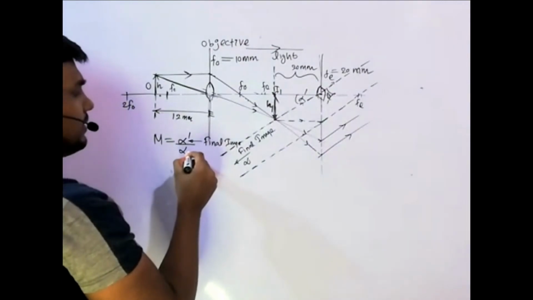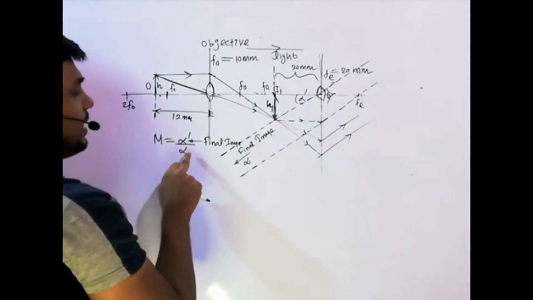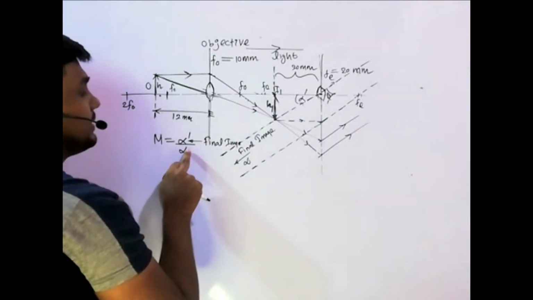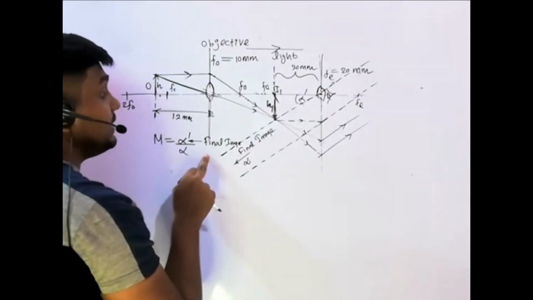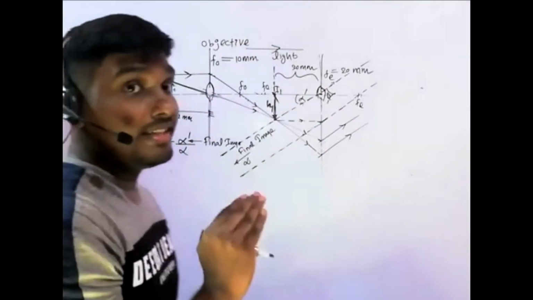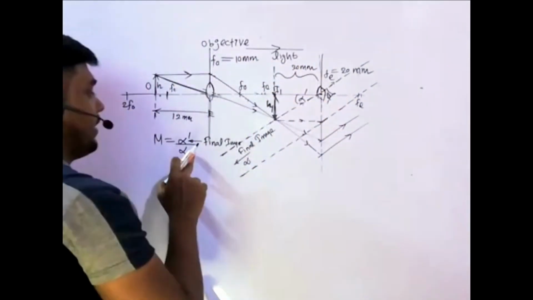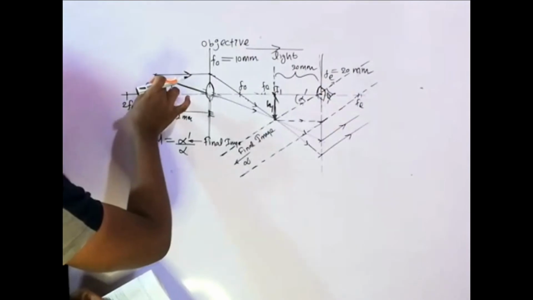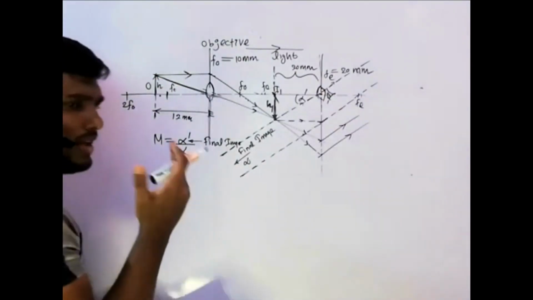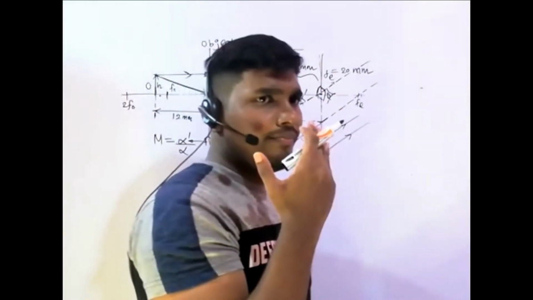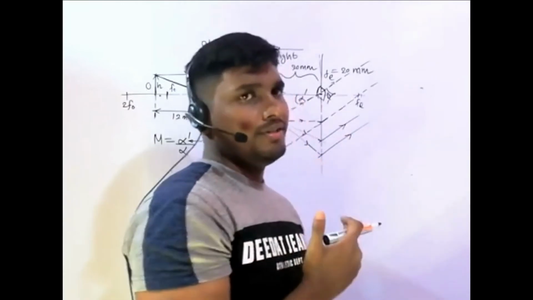What is alpha? Alpha is the angle subtended to your eye when the object is at the near point. That means I just bring this object and keep it at the near point.